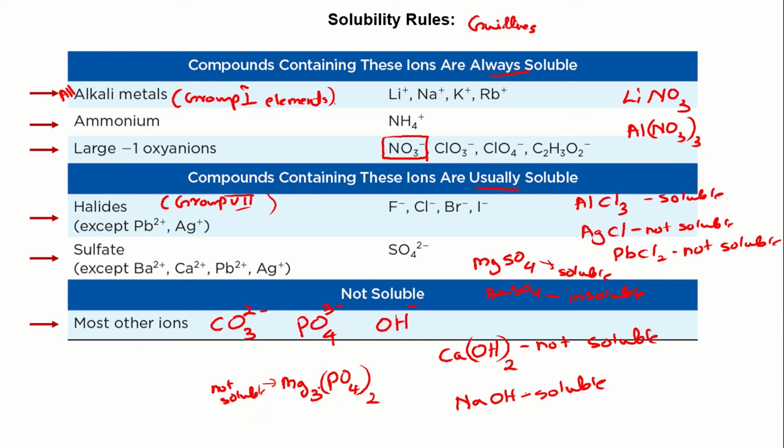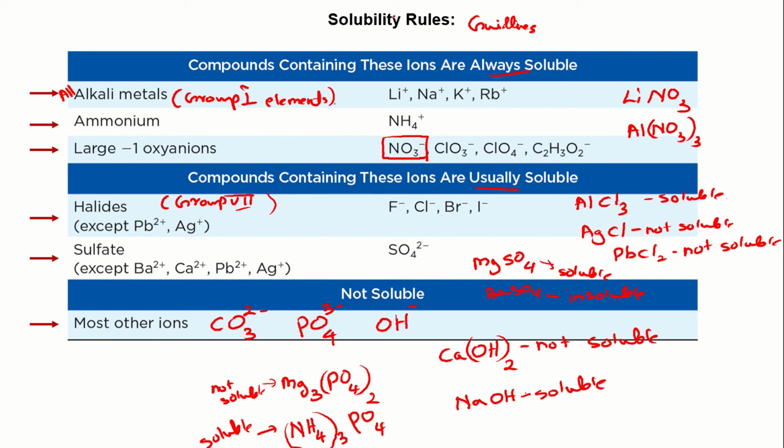But if I write a compound like ammonium phosphate, is ammonium phosphate soluble? You might want to check the solubility rule. Are there any overriding ions? You can find the ammonium ion under the always soluble category. So that means if you find the ammonium ion, no matter what your anion is, it's always going to be soluble. So this one is going to be soluble.